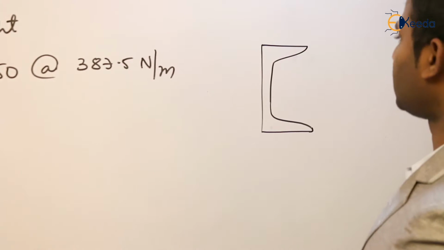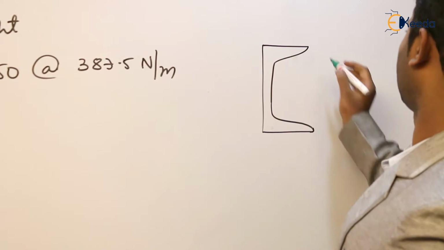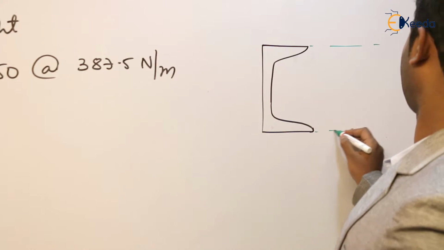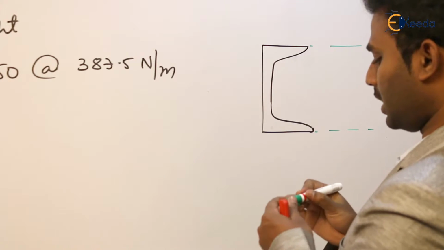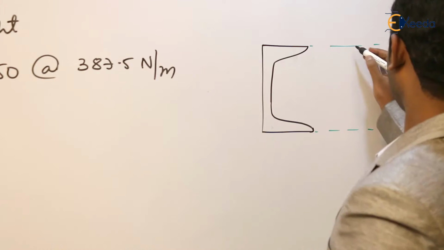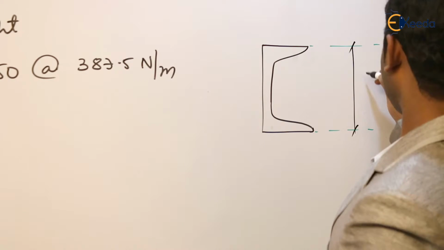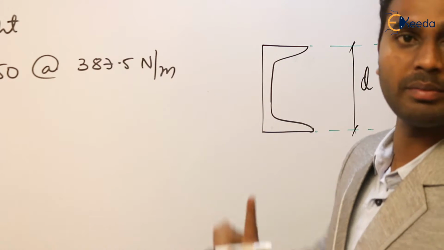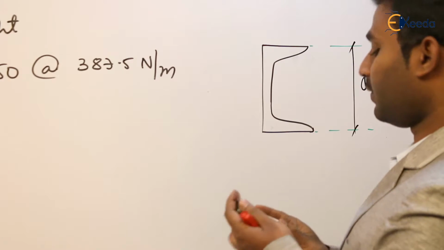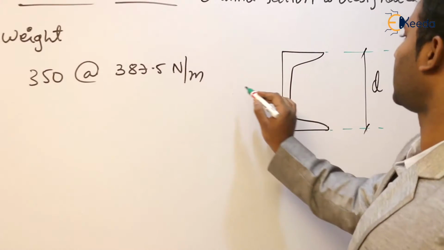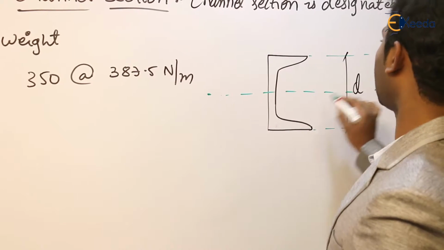If you observe it, this is the overall depth, represented with D. In this case it is 350 mm. Agree? And your channel is symmetrical about XX but not about YY.